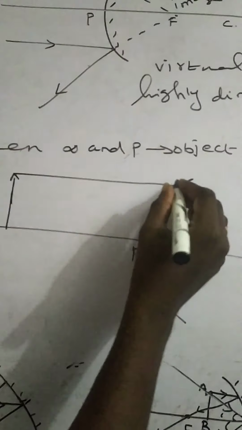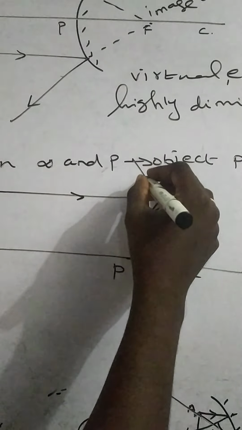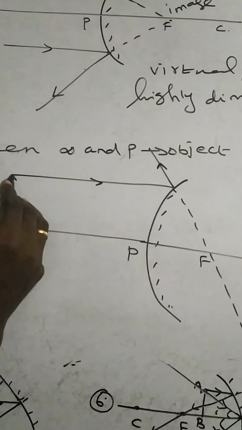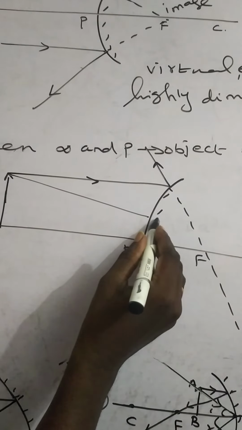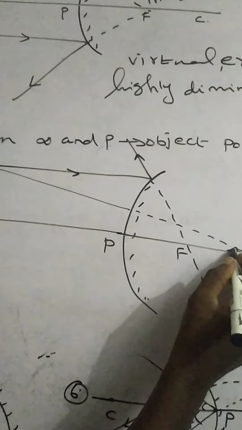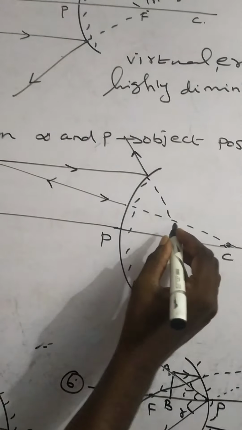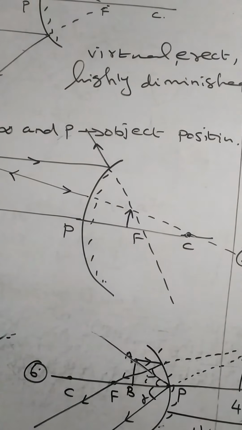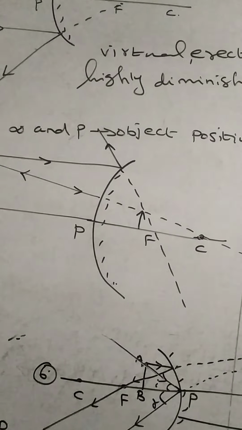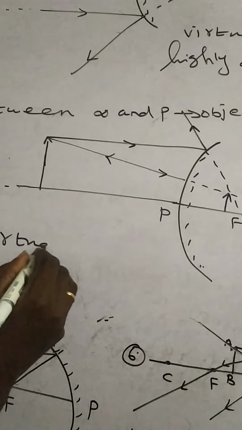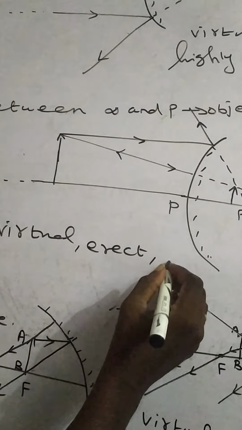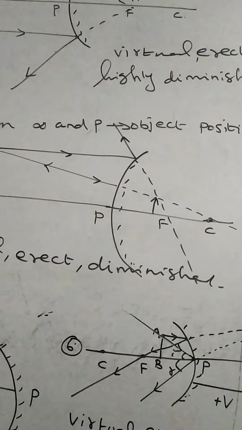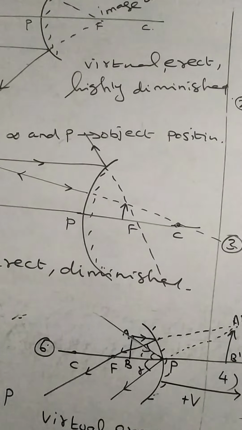A ray passing parallel to the principal axis, after the reflection, passes through the focus. Then a ray passing towards the center of curvature, what happened? It retraces the path. So where is the image obtained? Between P and F. Virtual, erect and diminished image. So a convex mirror always produces a virtual, erect, highly diminished or diminished image.